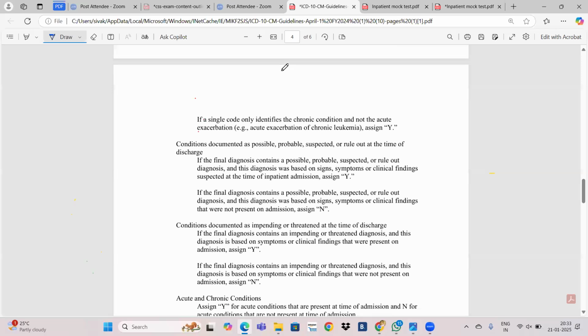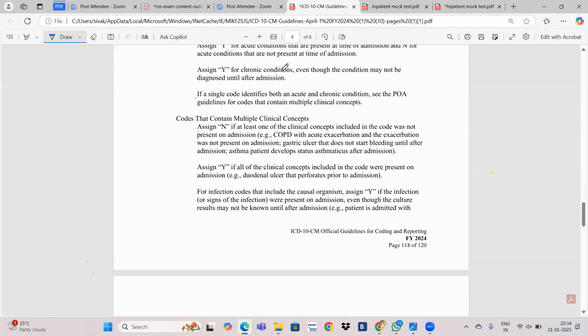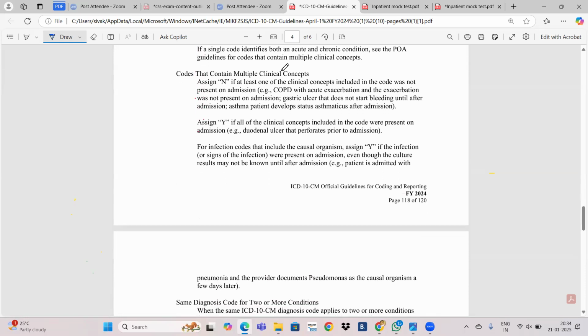Two questions we covered. Now these are the important topics. Codes that contain multiple clinical concepts. These guidelines are important, guys.